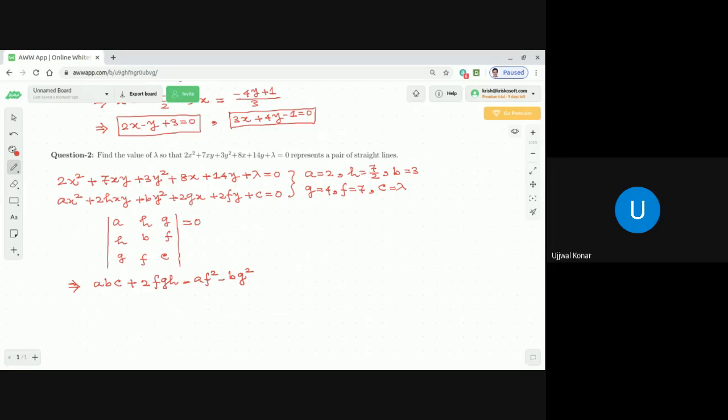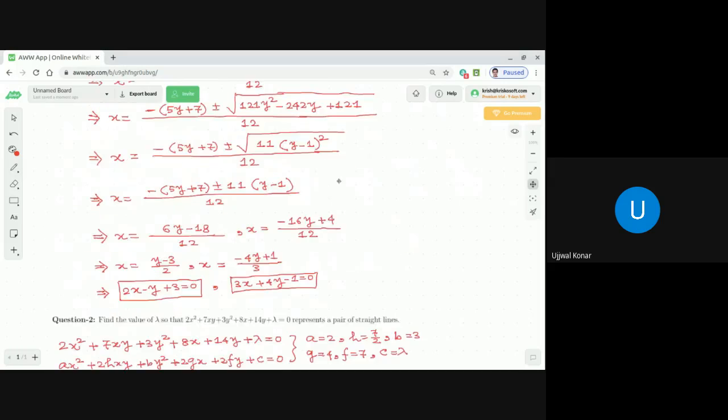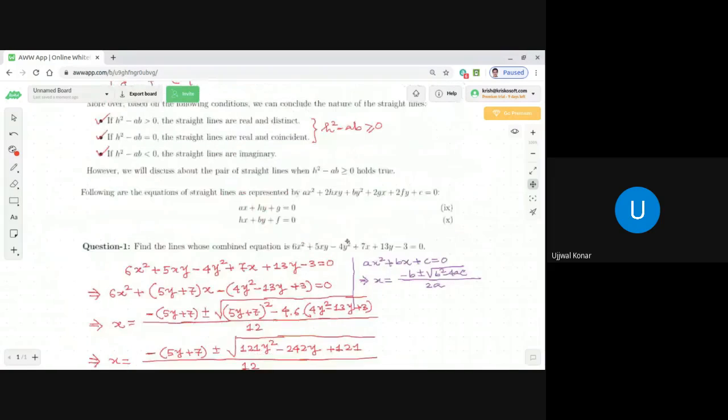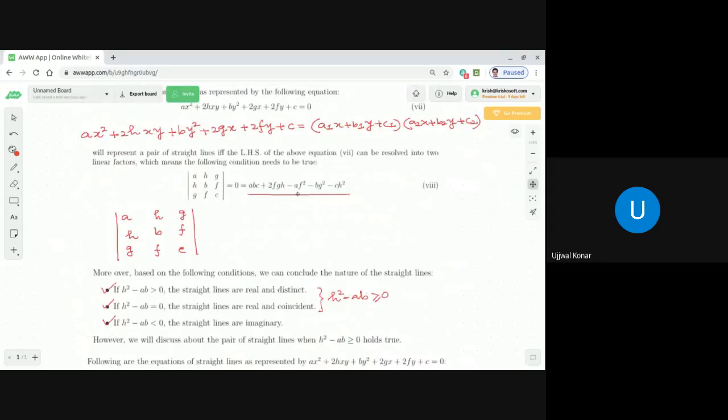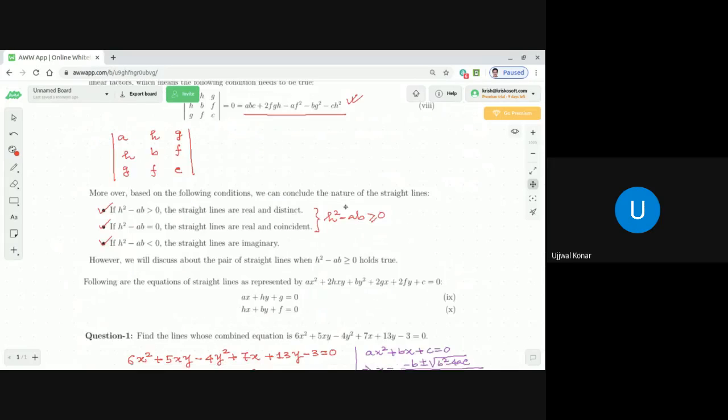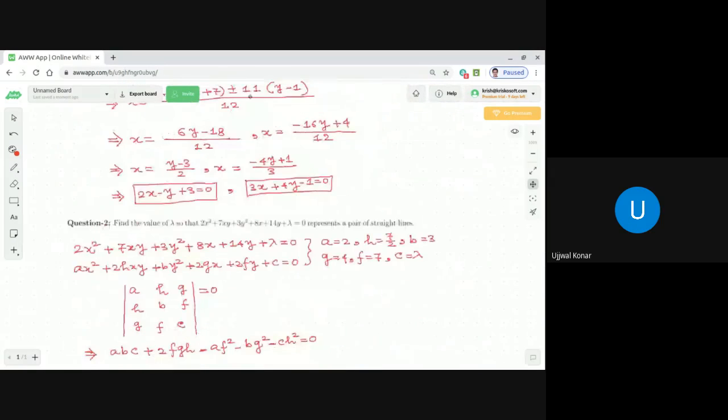Minus bg square minus ch square is equal to 0. Dear students, you can find from here also, as we discussed: abc plus 2fgh minus af square minus bg square minus ch square equal to 0. This is the required condition that the general equation of second degree is representing a pair of straight lines.